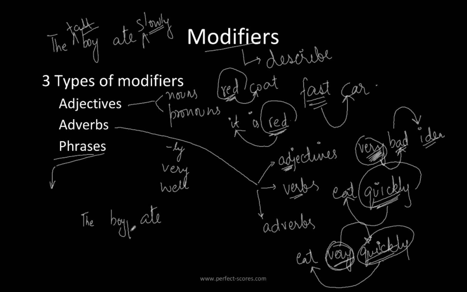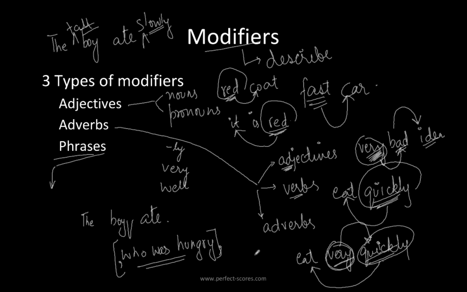So I can probably add over here, the boy who was hungry ate. This extra addition that I can make next to the word boy is the modifier phrase. If I want to insert it here, I will have to enclose it within two commas. So the boy, comma, who was hungry, comma, ate.